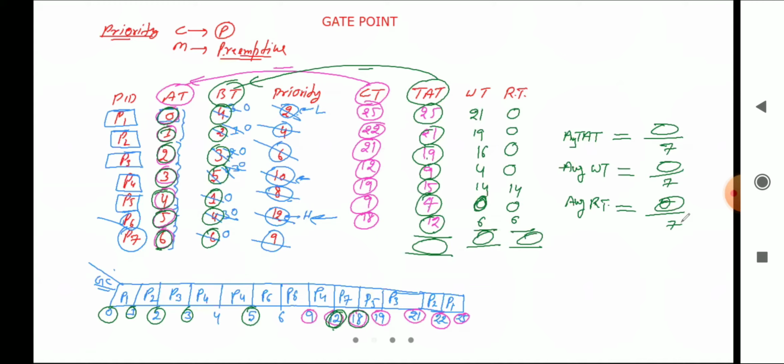So we have done the priority with the non-preemptive and priority with preemptive case also, right? So both we have done, and with the priority, that is the end of the CPU scheduling. So we have done all the major algorithms that come in the exam, right?